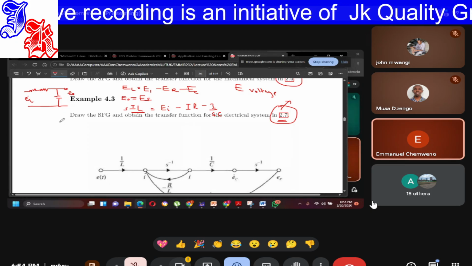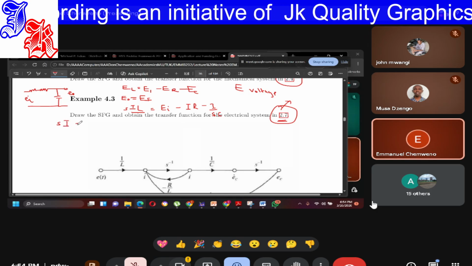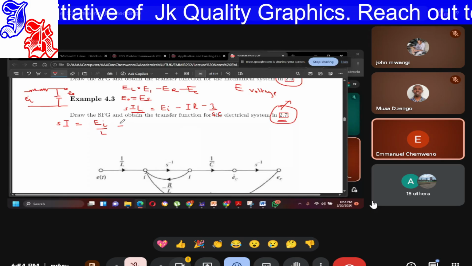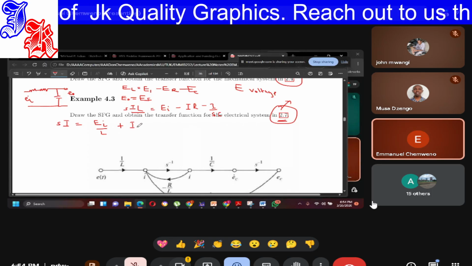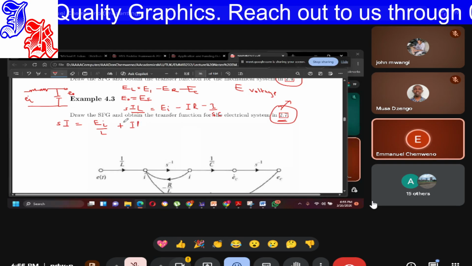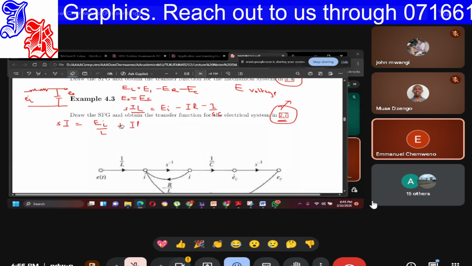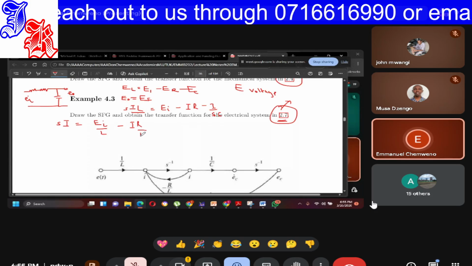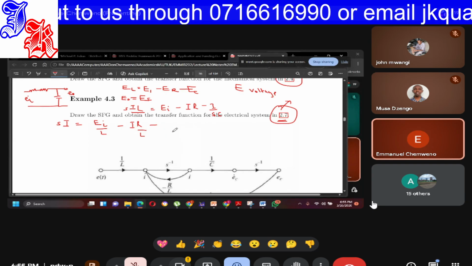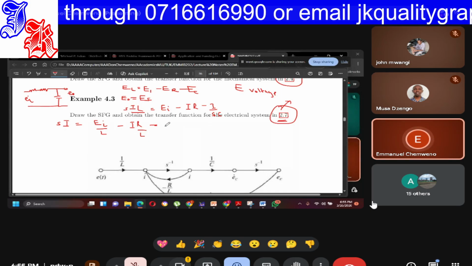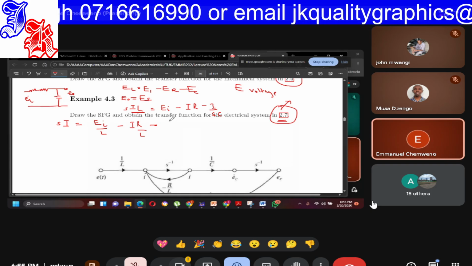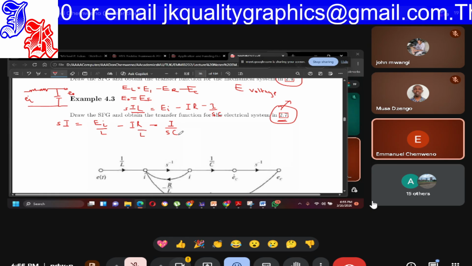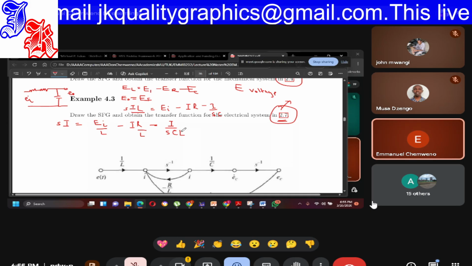SI is equal to EI over L plus I R minus IR over L minus I over SCL.